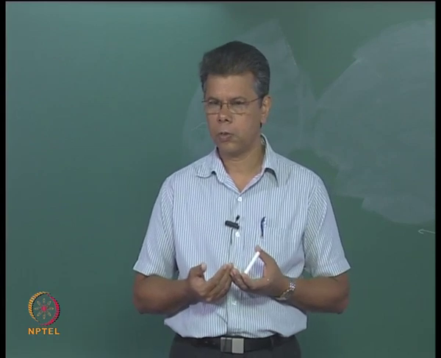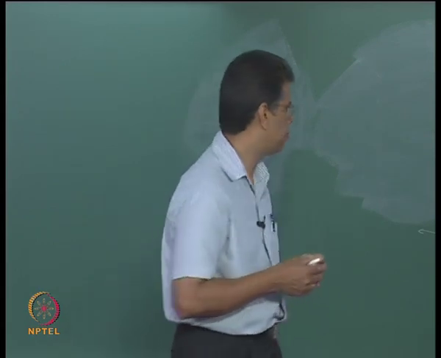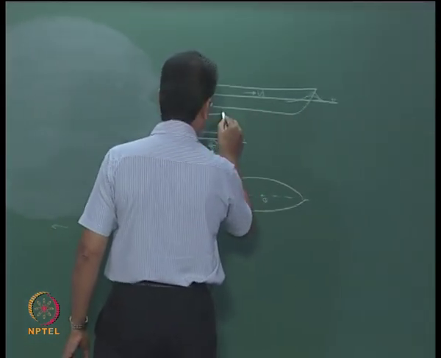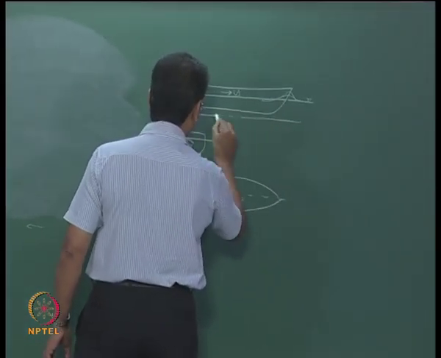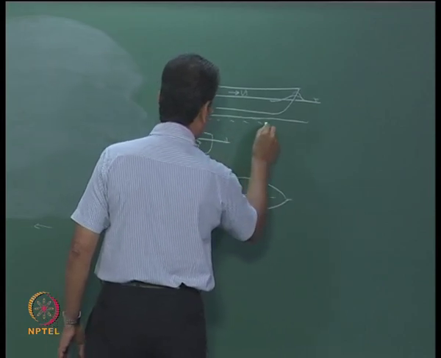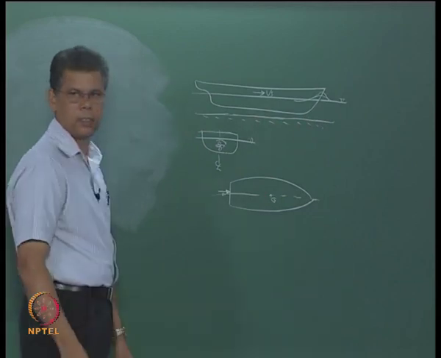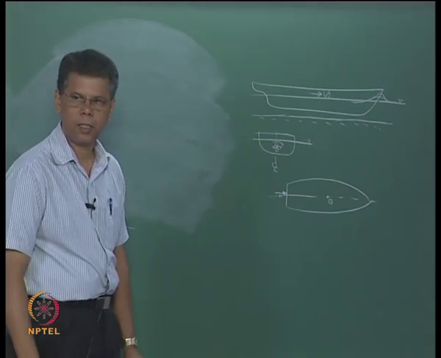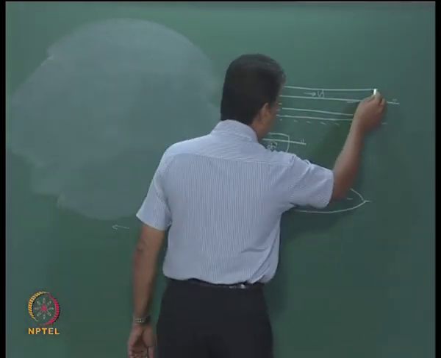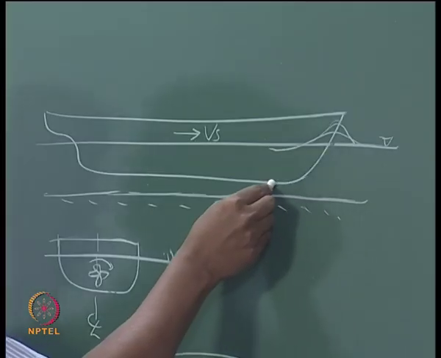When the ship enters shallow water, what happens? Suppose this is a ship, I am just saying it is shallow water. Now the bottom is very close, so this is less than 2. So what happens? The water flowing through this part, there will be a boundary layer formation here at the bottom.